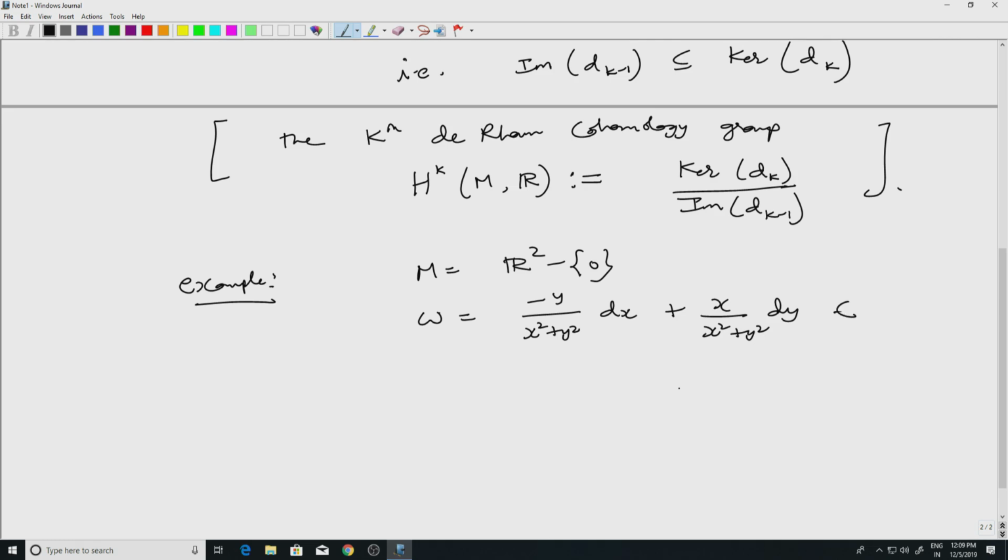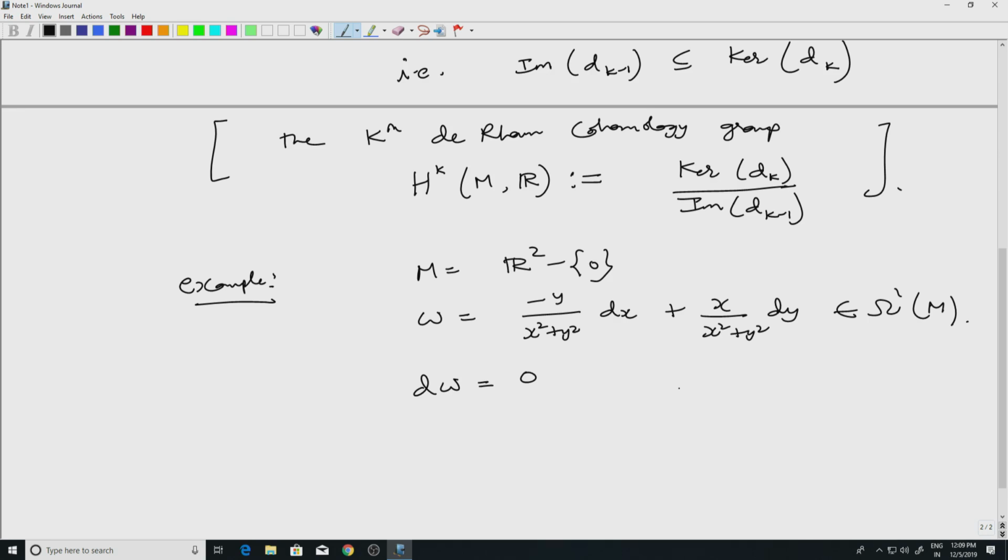So this is a one form on the manifold. Now one can check that d omega in this case is equal to 0. And how does one do that? Well, it's just a matter of dealing with each term. There are two terms here, each one separately.